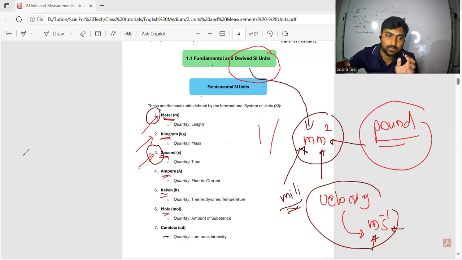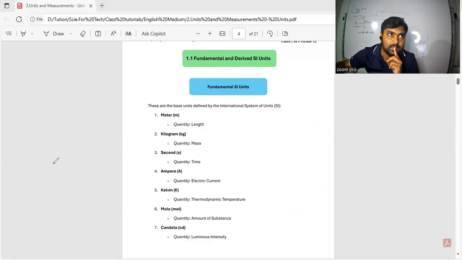Yes, sir. Sir, do you mean that fundamental SI units are the main units? No, that is not the main unit. I can tell that all the other derived SI units are formed by these 7 fundamental units. Understood? They work like building blocks.